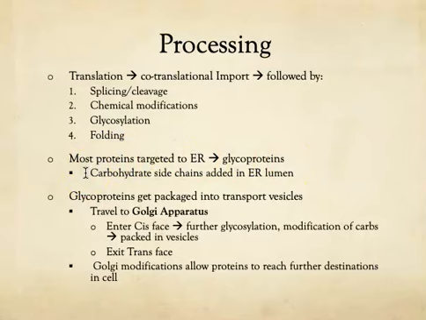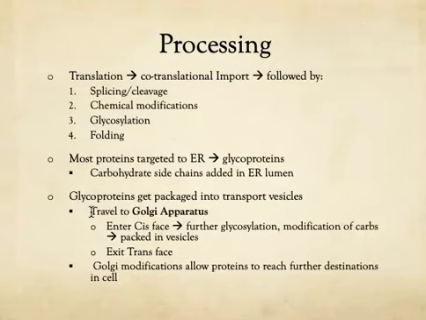Carbohydrate side chains will get added to the protein in the lumen of the rough endoplasmic reticulum. Sometimes those glycoproteins will leave the RER temporarily, get packaged into transport vesicles, and go on to the Golgi apparatus, so that they can have further carbohydrate modifications added to them. Remember, any protein that's going to travel to the Golgi apparatus comes in through the cis face and then travels through the layers of the Golgi apparatus.